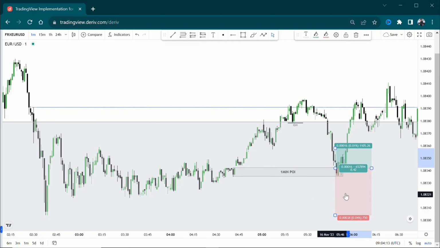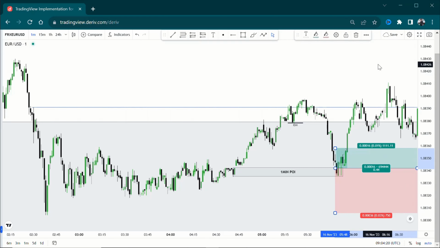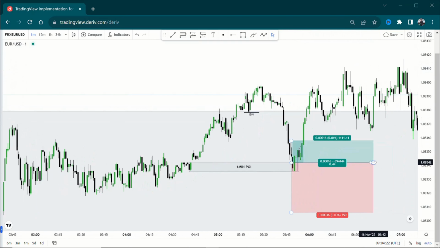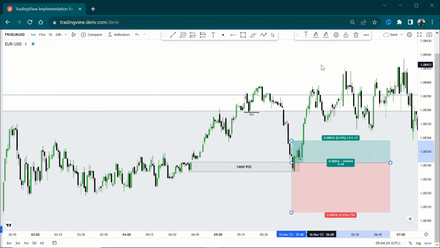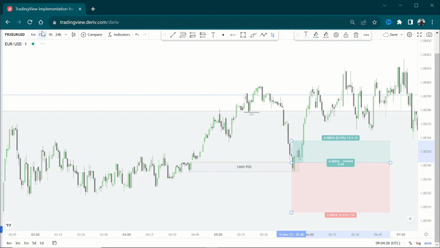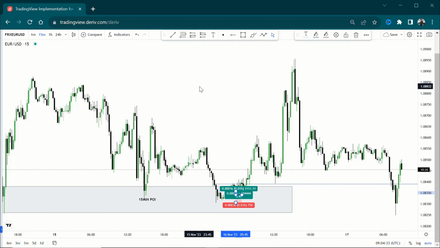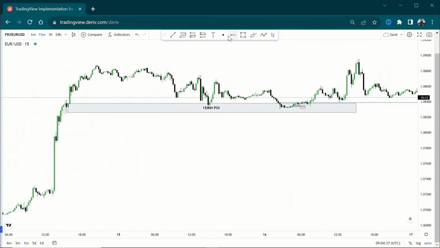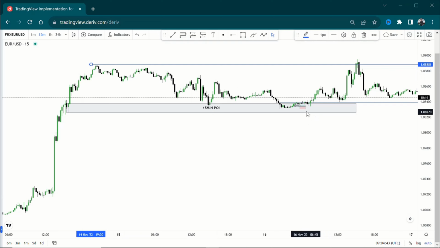But your target should always be based on what? Your target should always be based on the 15-minute time frame. Under your 15 minutes time frame, this was your last high, and this is where your target is supposed to be, right there.